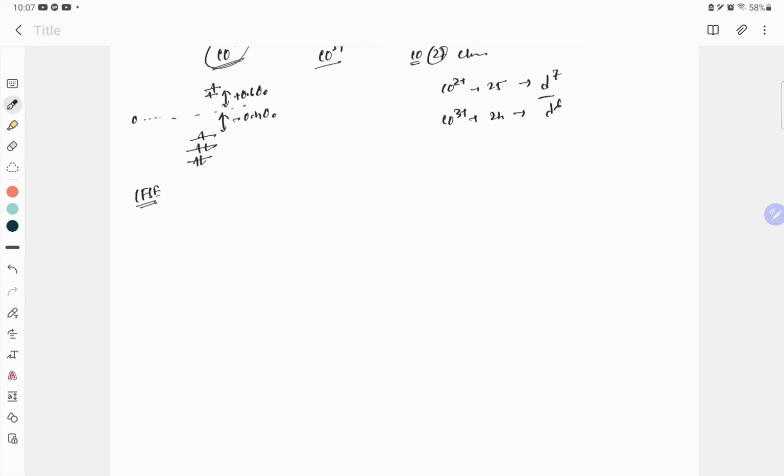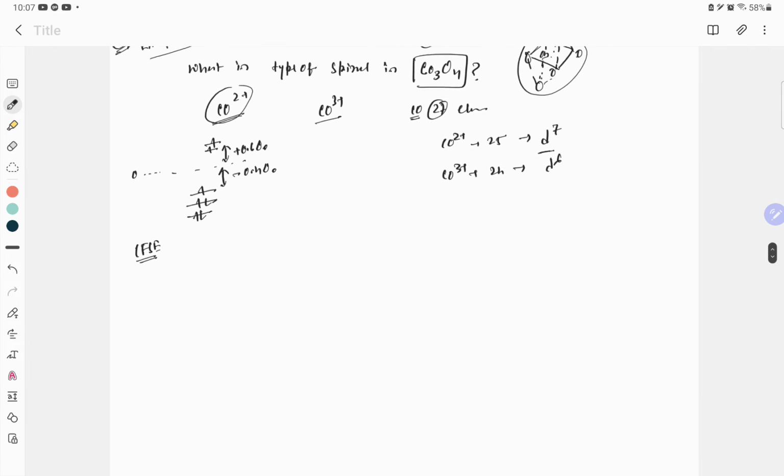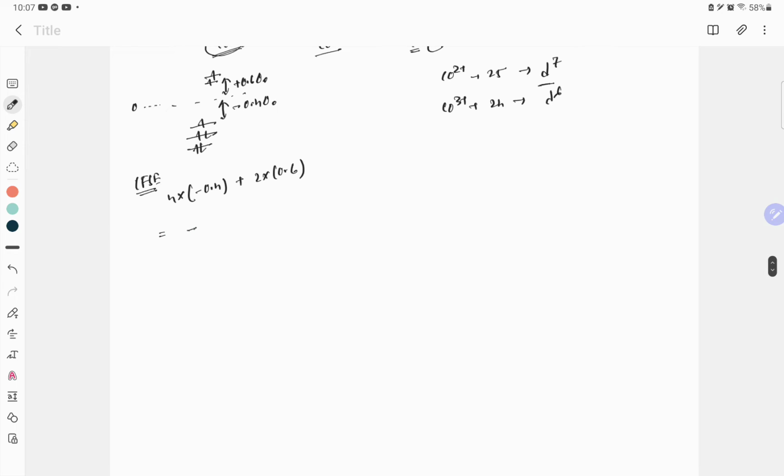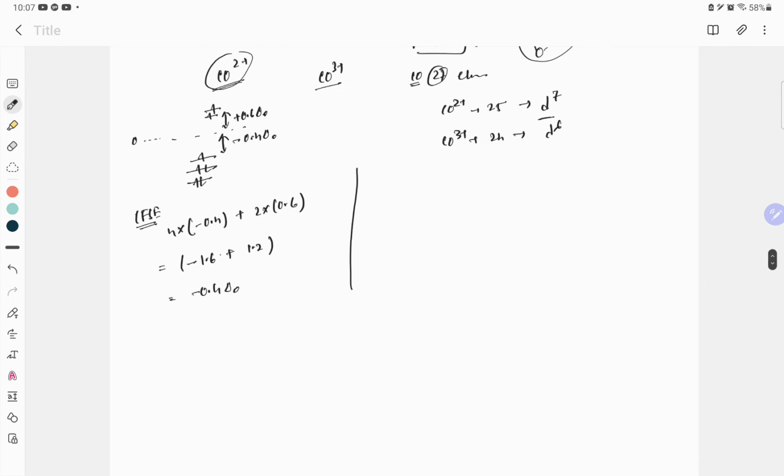So CFSE will be 4 into minus 0.4 plus 2 into 0.6. So minus 1.6 plus 1.2, that is minus 0.4 delta 0.